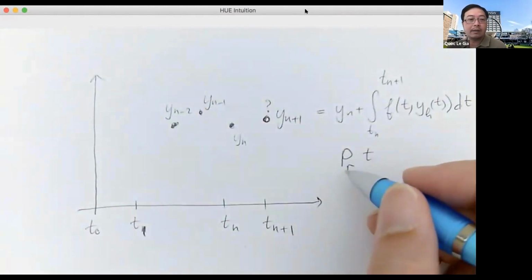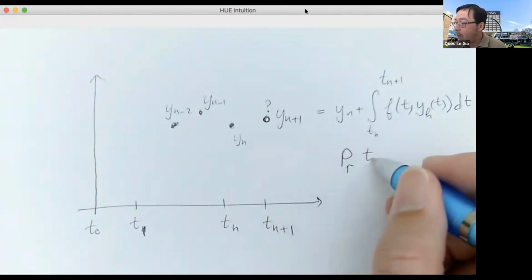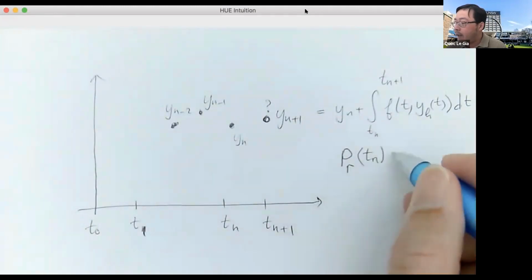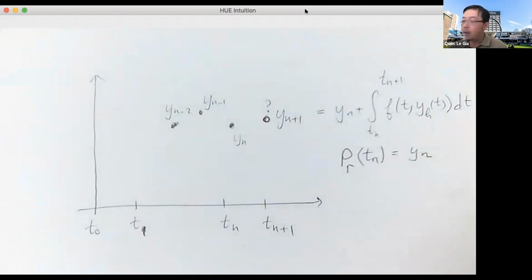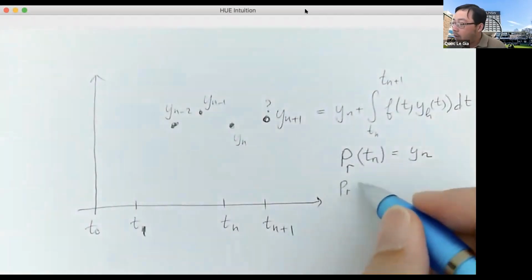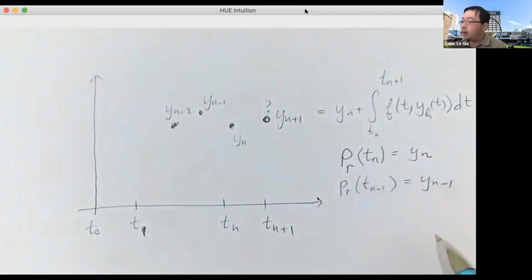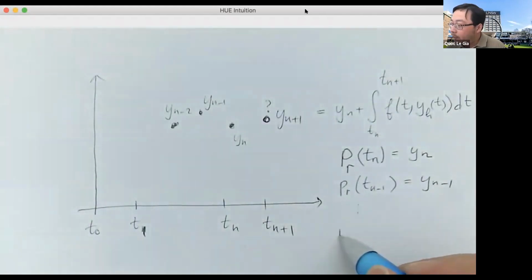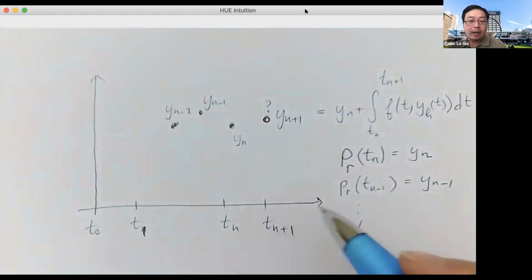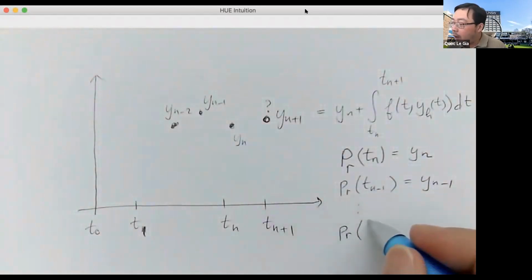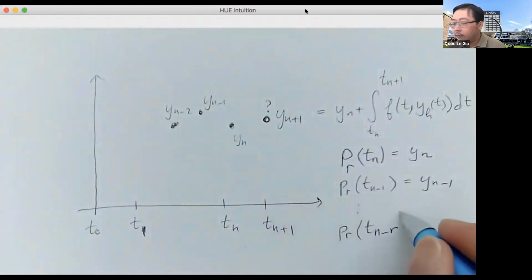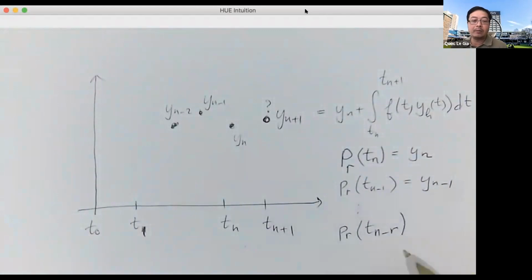Suppose what I want is Pr(tn) equal yn, and Pr(tn minus 1) equal yn minus 1, and so on, up to where? I want to look back only up to tn minus r. r could be 1, 2, 3, 4, 5, but let me just call it little r, and this one is yn minus r.